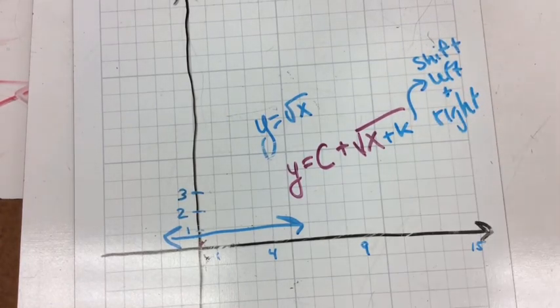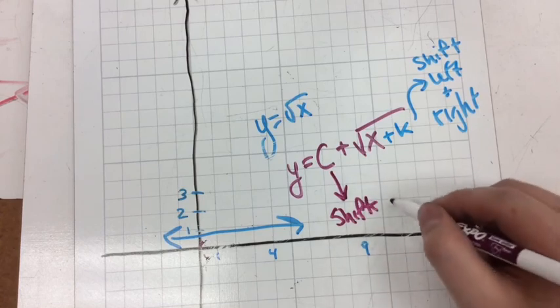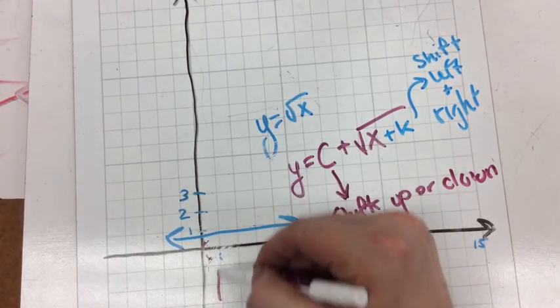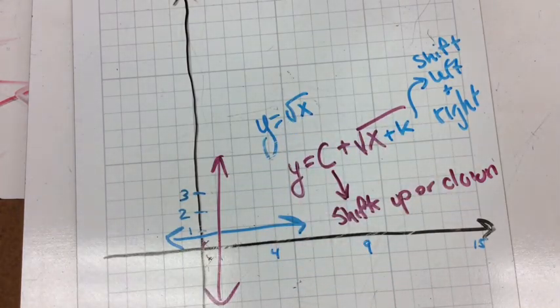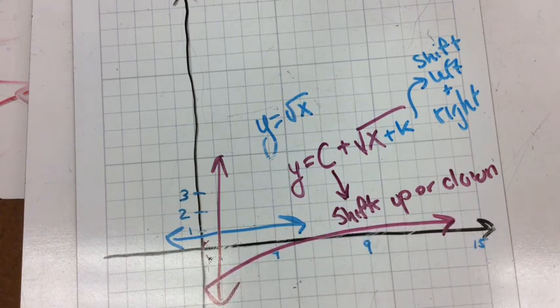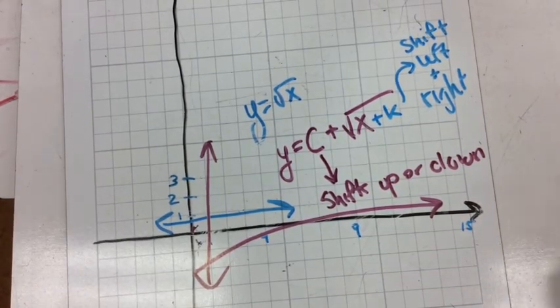And this c outside, the constant outside, shifts our graph up or down. So that'll make the graph go like this. And again, we're going to have a lazy graph, something that goes like that. In fact, maybe you could figure out what this graph is? Maybe you guys can try that at home. Okay, cool.